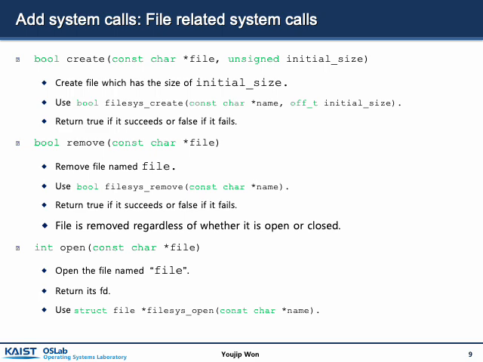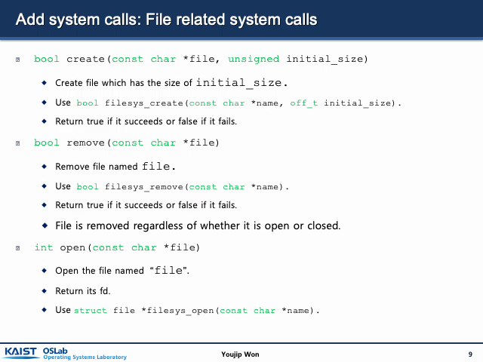So you have to implement file-related system calls. This slide shows a set of system calls you have to implement. First, the create system call creates a file which has the size of initial size. You may need to use the file_sys_create function to implement this system call, and it returns true if it succeeds or false if it fails.